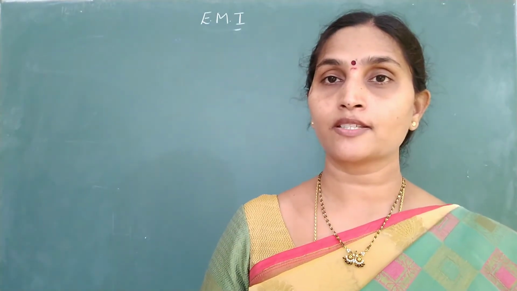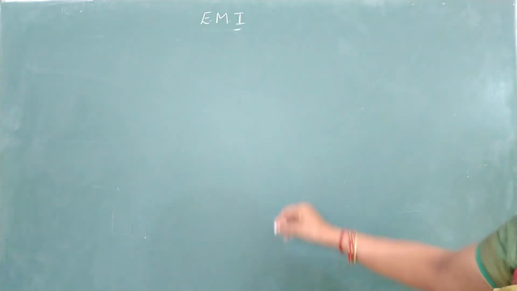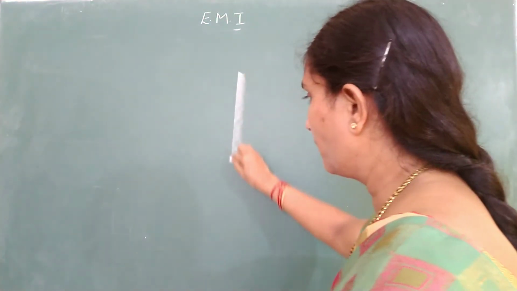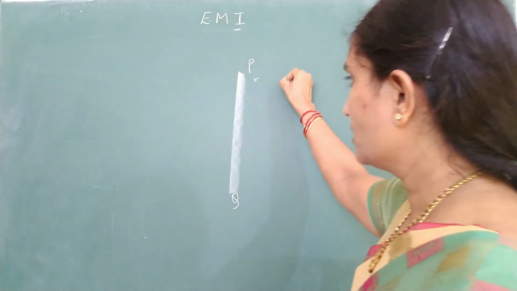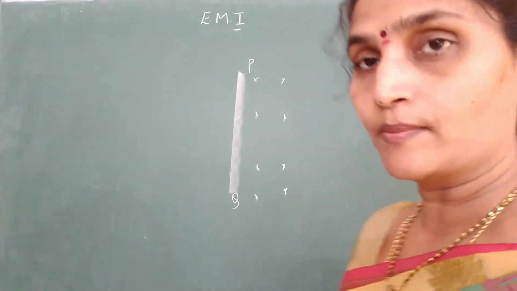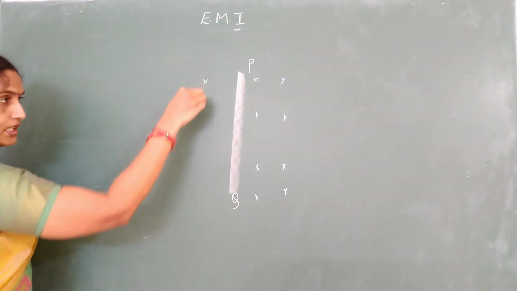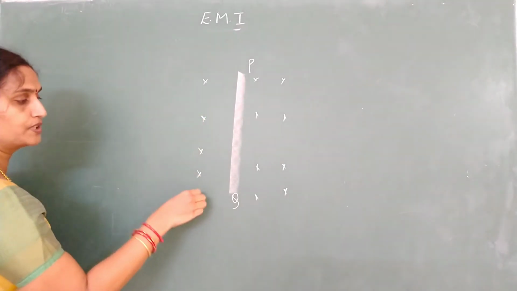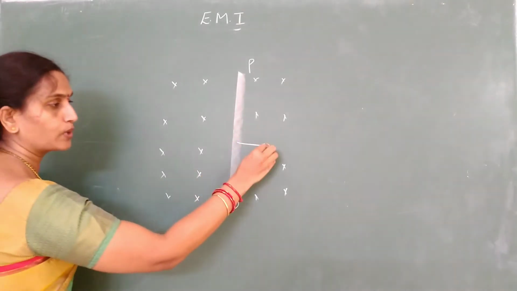Now coming to questions related to motional EMF. We have studied that when you place a metal rod PQ in a perpendicular magnetic field, I have taken the magnetic field into the plane of the paper, and if this metal rod is made to move with a uniform speed, what is the induced EMF equal to?